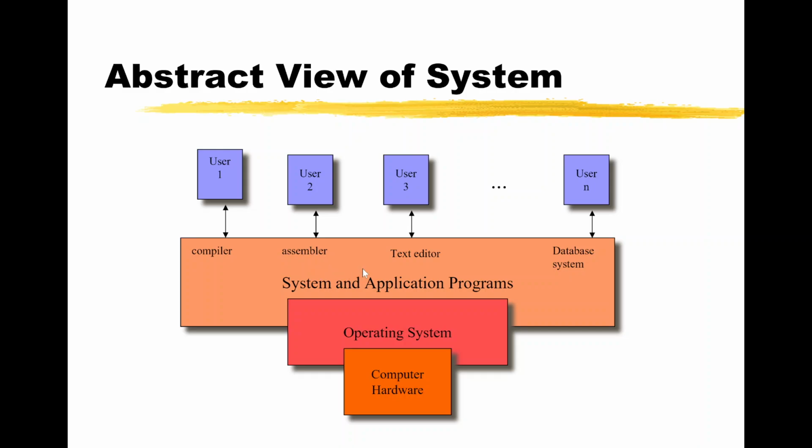The assembler also does that. It assembles. You have text editors, you have database systems, all of them. The system and application programs are all within the higher layer, and all of them are installed in the operating system. So it's the operating system that actually picks up whatever information is sent from the application program and gives it to the hardware. So the hardware now runs and executes it and gives the needed output.